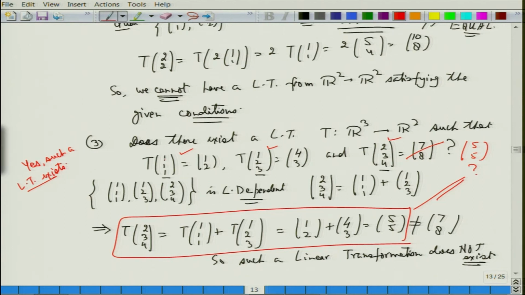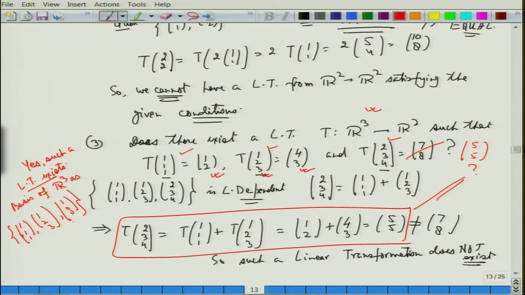So I know that on (1, 1, 1) and (1, 2, 3), these are two linearly independent vectors and they have the image, but R3 is defined using 3 vectors. It has a basis consisting of 3 vectors. So I can just take anything which is linearly independent of these two. For example, I can take my third vector. So I can take the basis of R3 as (1, 1, 1), (1, 2, 3), and (1, 0, 0), which is linearly independent, I think.